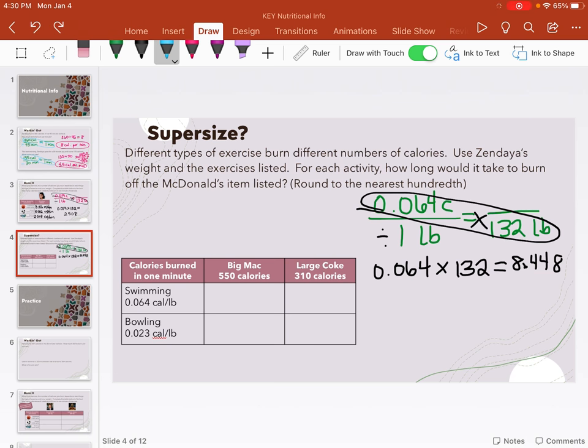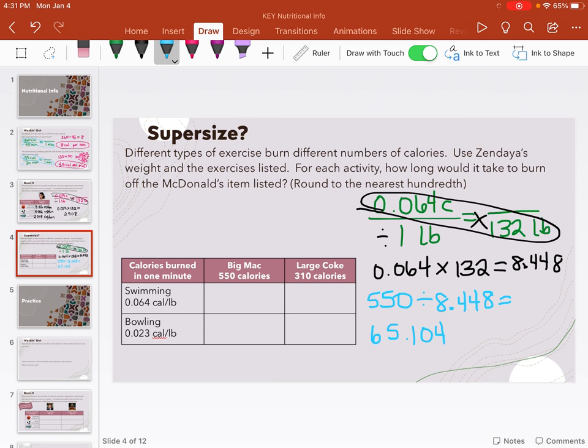So we're going to take the 550 divided by the 8.448. And this is where you really want to use that calculator. Go ahead and type that in. 550 divided by 8.448. And when I divide that, I get 65.104, and so on. It keeps going.